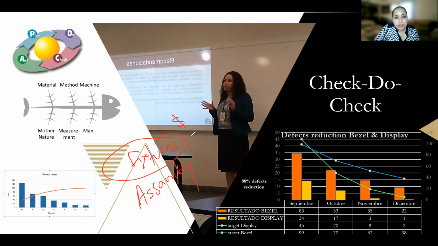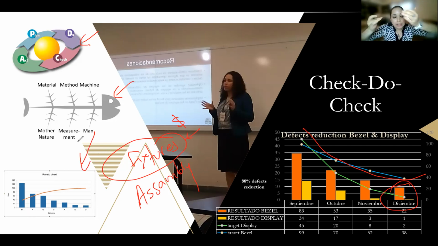But the only way for us to have known that we needed fixtures in order to reduce the defects that were present, it was analyzing. We needed to do and use all of these techniques to be able to prove and to use a different way, a different practice in the assembly line. And that's what you as industrial engineers do on the actual job.